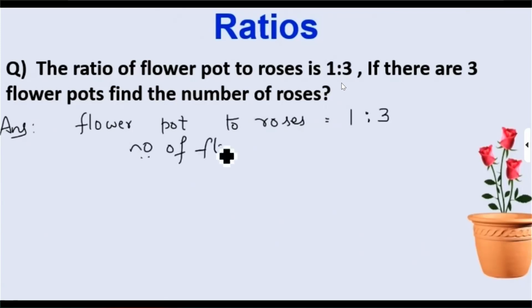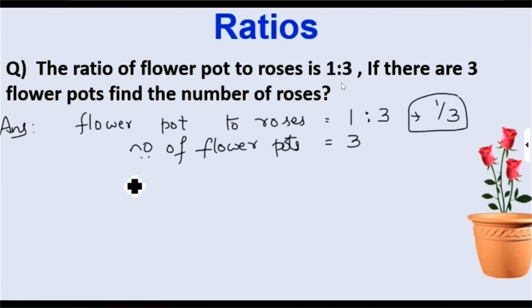The number of flower pots given in the question is 3. So we can see this 1 is multiplied by 3. The ratio 1 is to 3 means 1/3. Now we need to make the numerator 3. We take the number of roses as x, which we need to find.